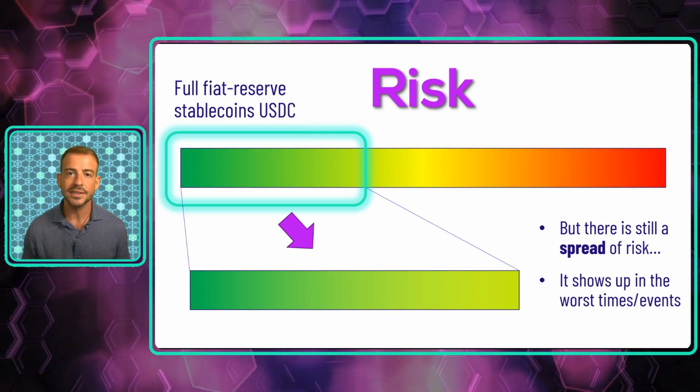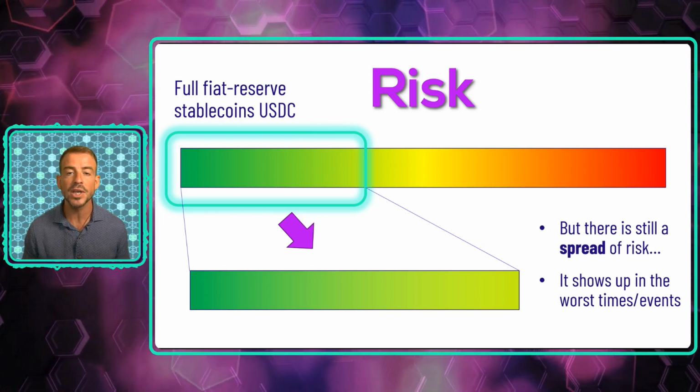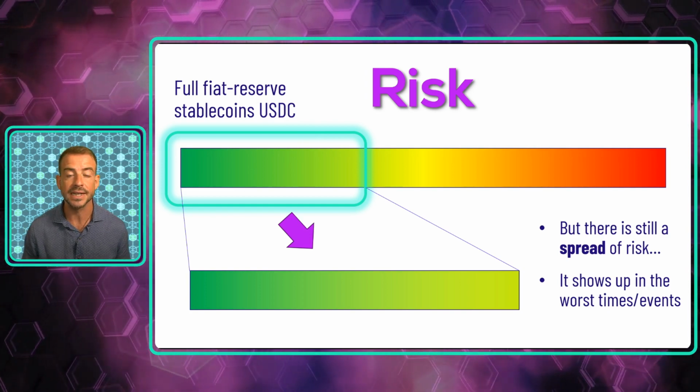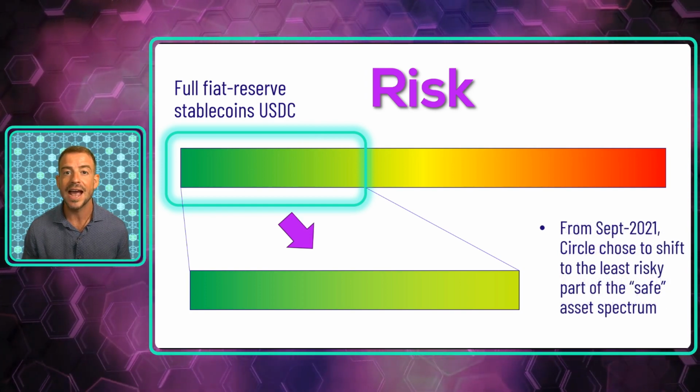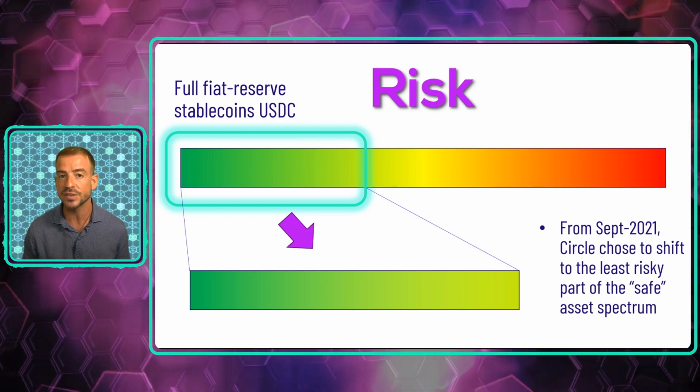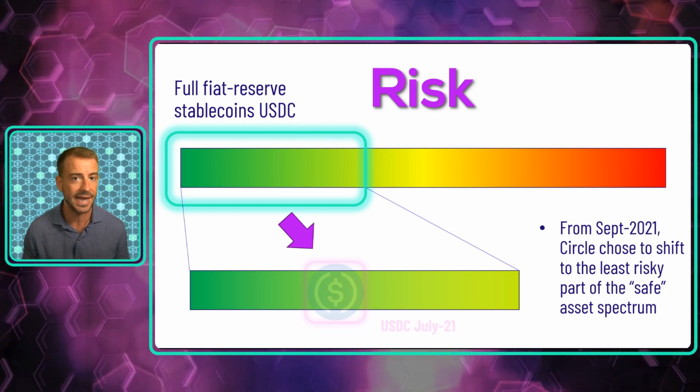In 2021, Circle made a public commitment to only hold the very safest assets along this part of the risk spectrum, declaring that it would only hold cash and short-dated US securities, which are deemed to be the safest and most liquid non-cash assets on the planet.